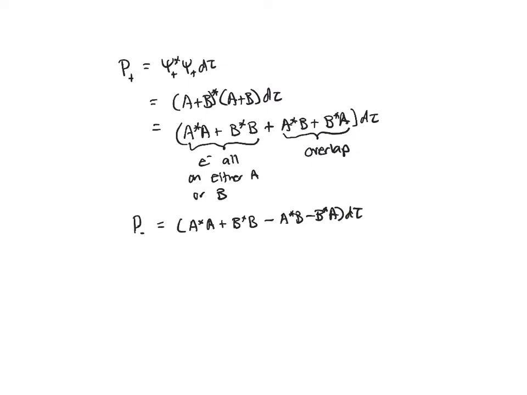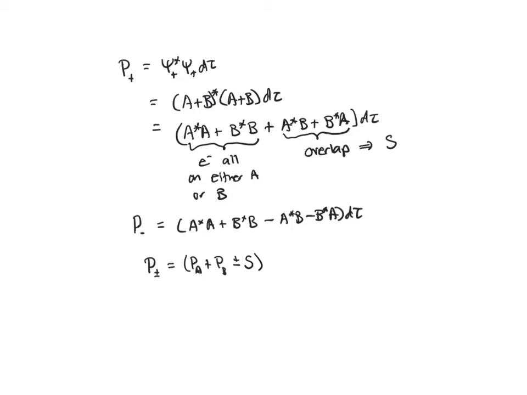If we use a symbol S to mean the overlap probability densities, then the probability of the plus or the minus is equal to the probability of being on A plus the probability of being on nucleus B plus or minus this overlap.